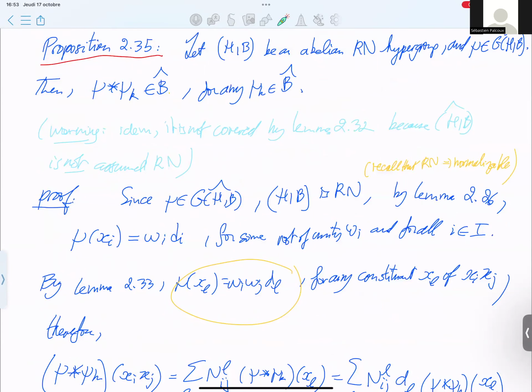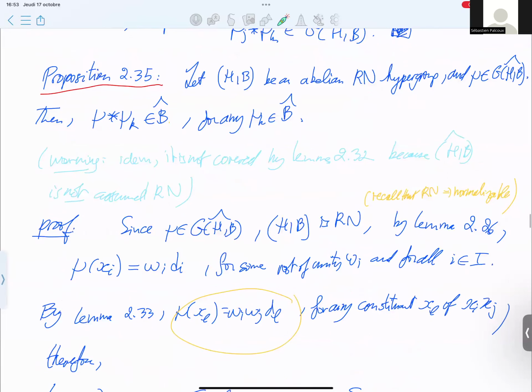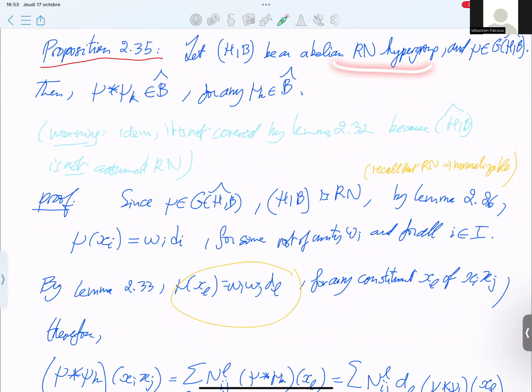Okay, so you have an abelian real and negative hypergroup, a linear character, a group-like linear character. Then, if you multiply any linear character by a group-like linear character, you get a linear character.